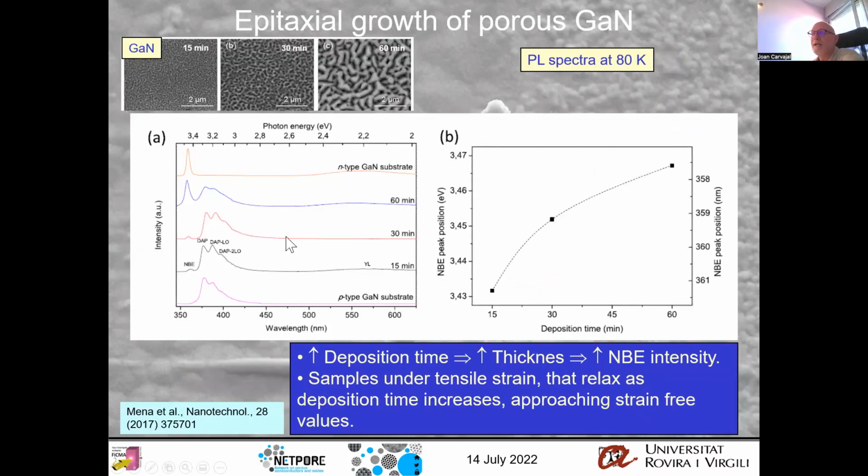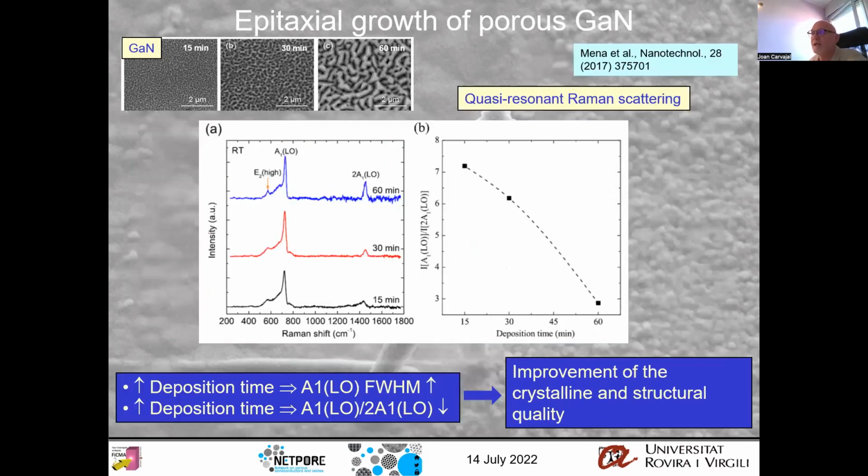In fact, here we have the emission generated by these porous epitaxial layers as a function of the time of growth, and we can see that as the deposition time increases, the thickness of the films increases, and the position of the near band edge peak also increases, as well as its intensity. And what we observe is that as we increase the time of growth, there is a relaxation of the epitaxial layer that we are obtaining, so it has implications on the emission of those epitaxial layers.